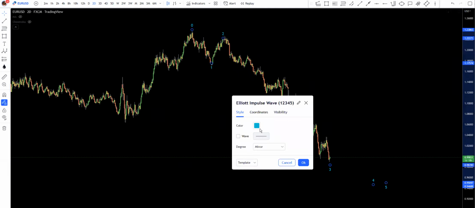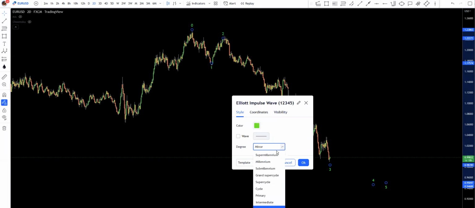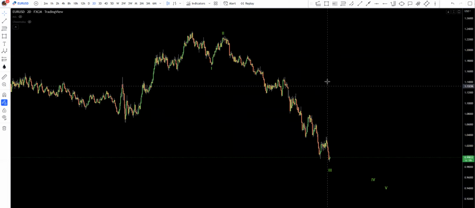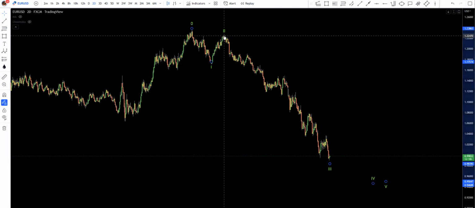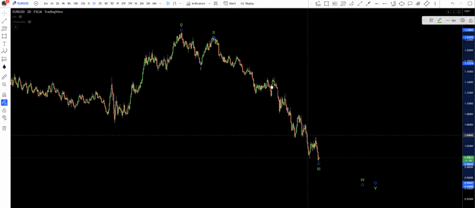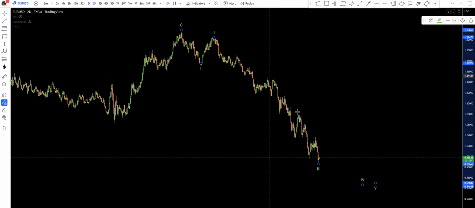Now, let's make it a cycle actually. Cycle, okay. So this is what we have at the moment. 1, 2, 3. So this third wave is like the famous Elliott third wave, right?